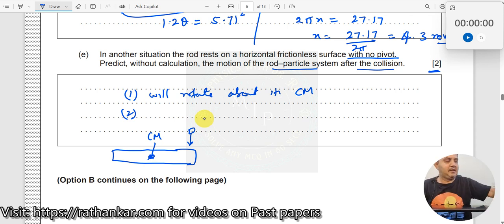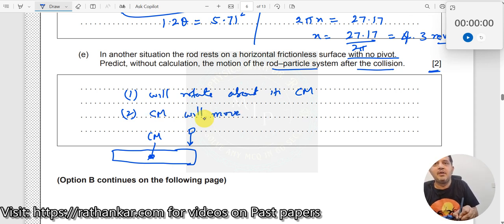I'll remove this cap also. Now if I apply a force over here, the pen will move. You can try it at your place also. At the same time, the center of mass will also start moving.